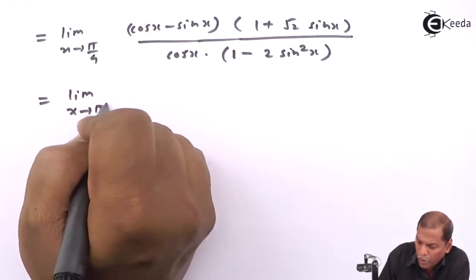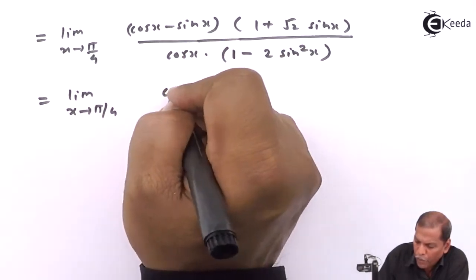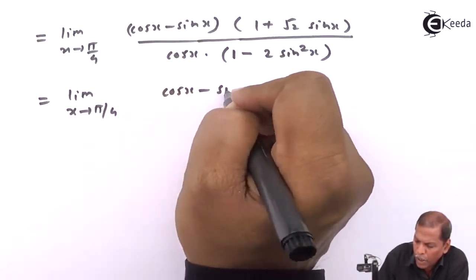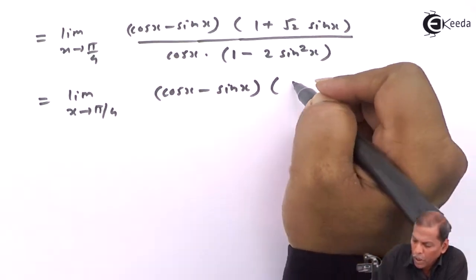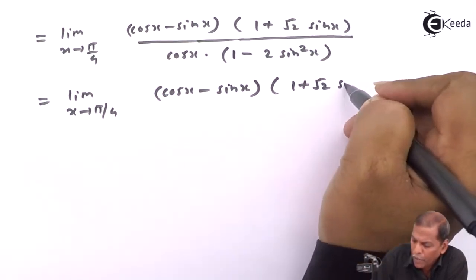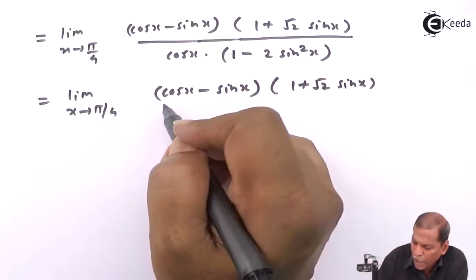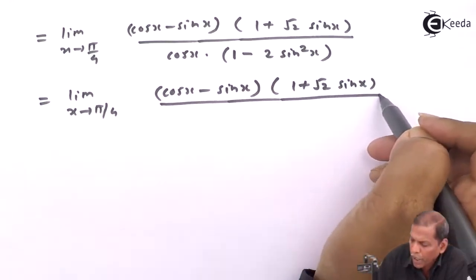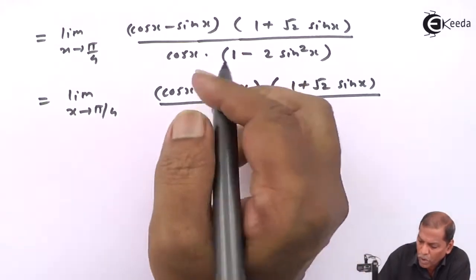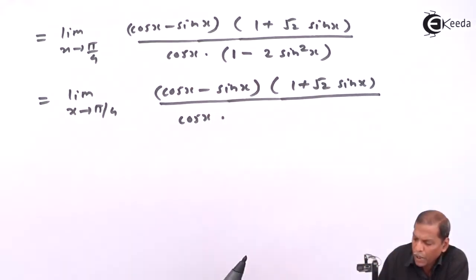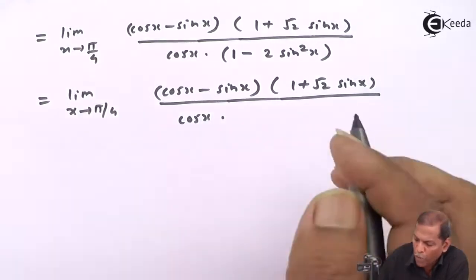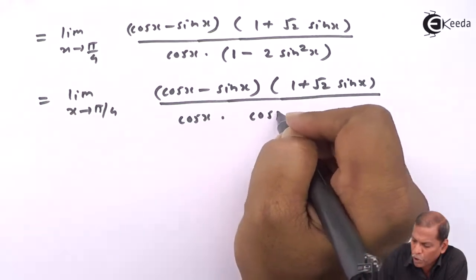So that equals limit x tends to pi by 4. Now we write cos x minus sin x as it is, then 1 plus root 2 sin x in the second bracket. Then in the denominator we write cos x as it is. Now 1 minus 2 sin square x, this is the trigonometric formula for cos 2x.